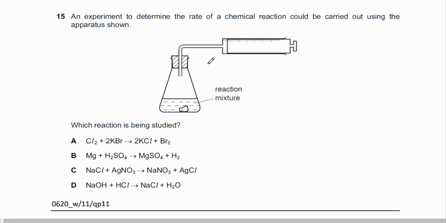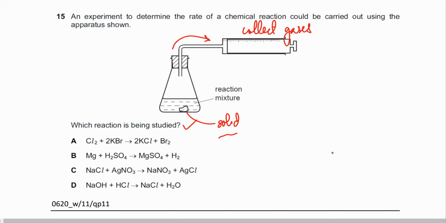Now you've got an experiment, and clearly you can see that there is gas being collected. He's saying which reaction is being studied, right? So you can see a solid over there, so it involves a solid, and you're trying to collect gases. That's what a measuring syringe is used for.